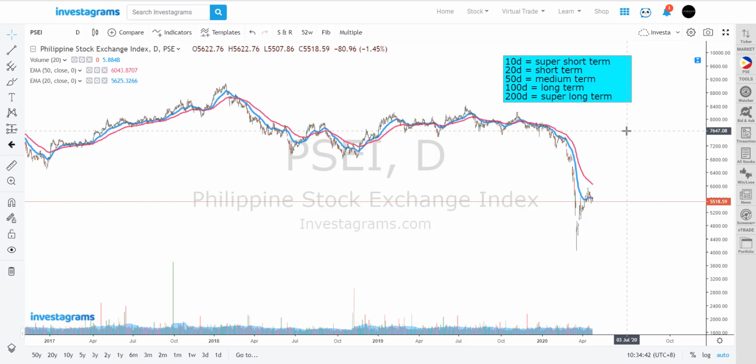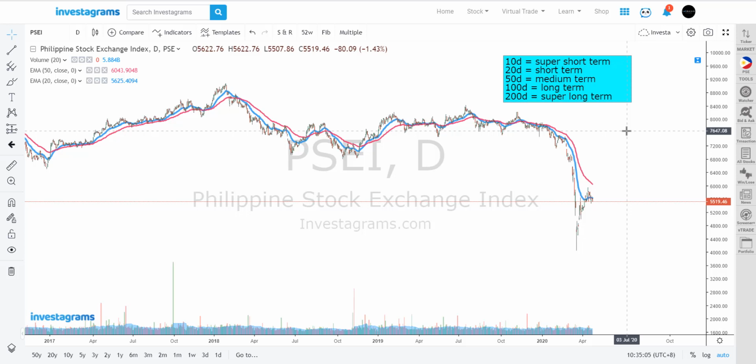And then 50-day is like 2.5 months in terms of trading days. So just so you know, I find the 50-day, the medium term, is like the median point. It's the most reliable for me, depending on your style. But if you have the 50-day as part of your indicator settings, your moving averages, you could use it whether for swing trading, for day trading.